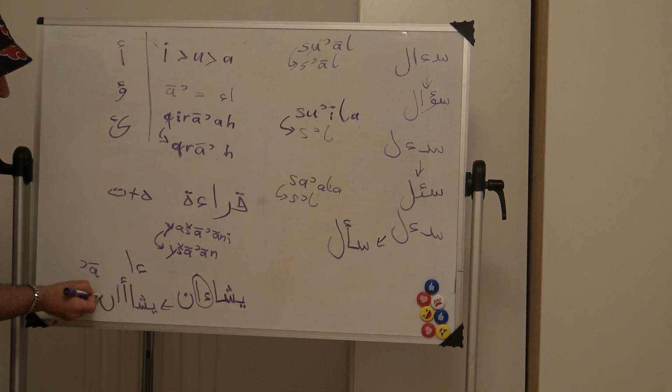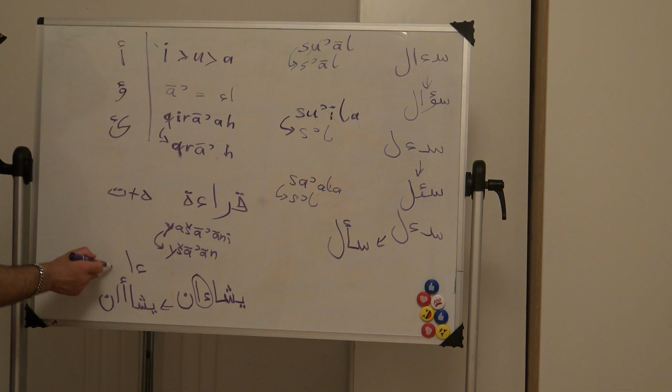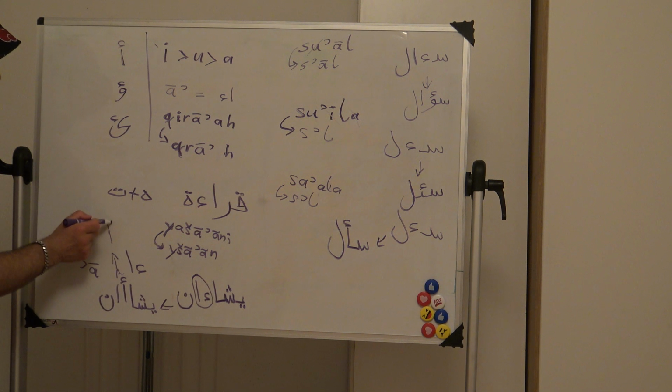Like this, right? But now we have learned that a Hamza sitting on an alif and following a long A, also written with an alif, is shortened like this.